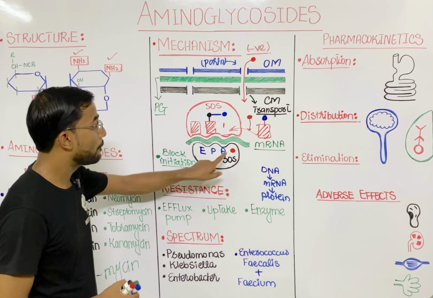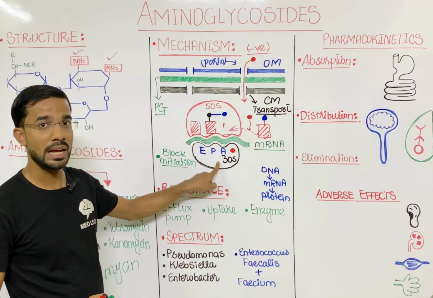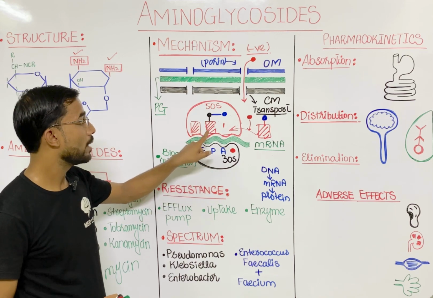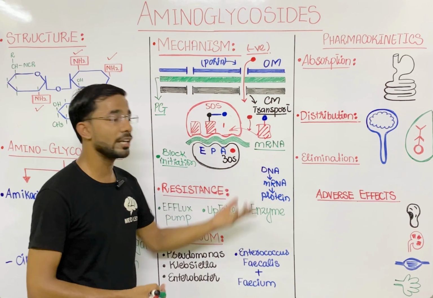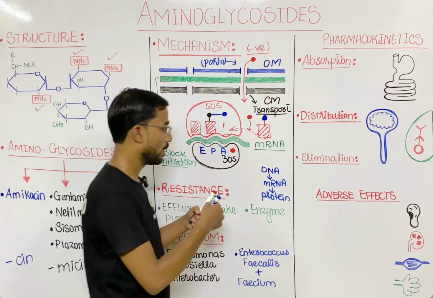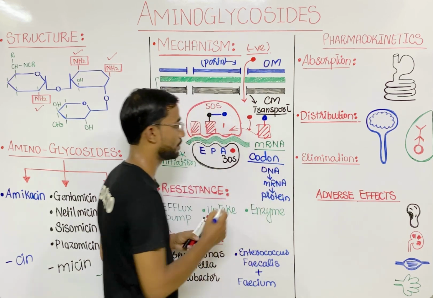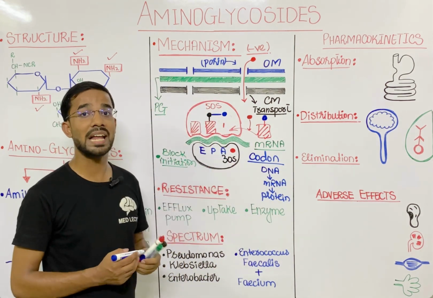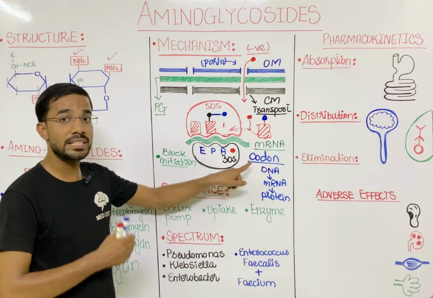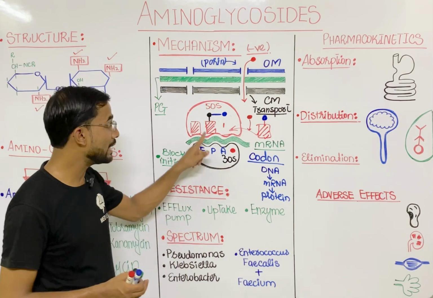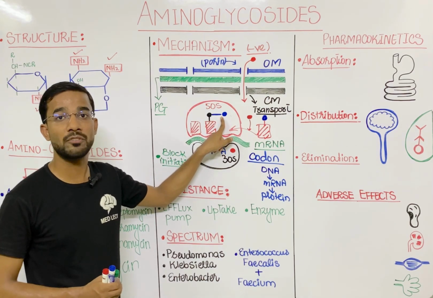But by binding of the aminoglycoside with the 30S subunit, it actually misreads the messenger RNA, because in the messenger RNA you will see the codons. There are a lot of codons that actually code the amino acids. If there is a disturbance in the codon, then the formation of the amino acid, or you can say polypeptide, will be disturbed.